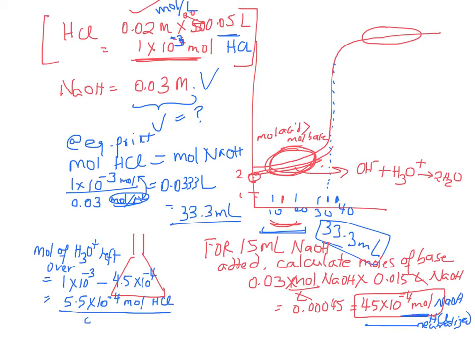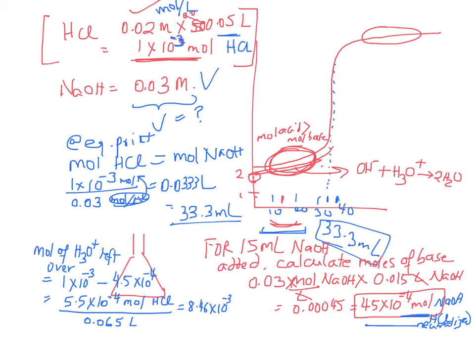That means your total volume is 0.065 in liters. And so you divide that number by 0.065, which is the volume, and that gives you the molarity of HCl, which is 8.46 times 10 to the negative 3.